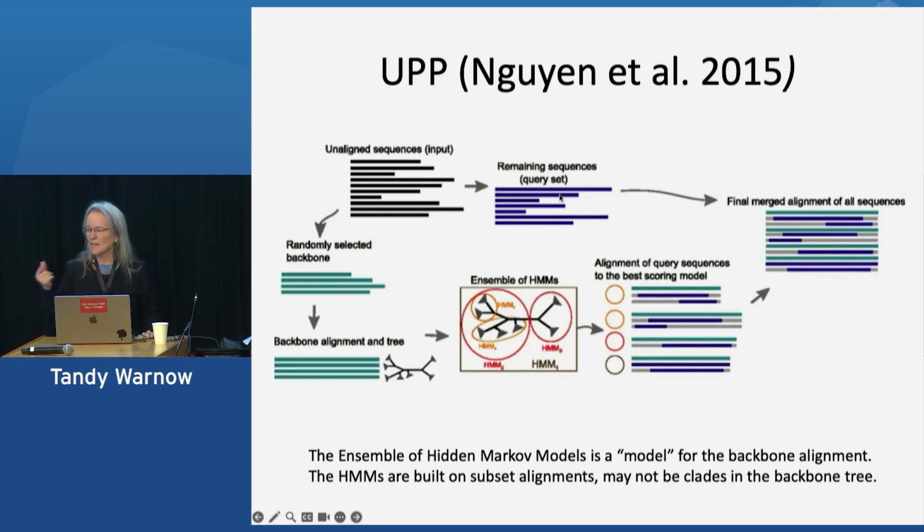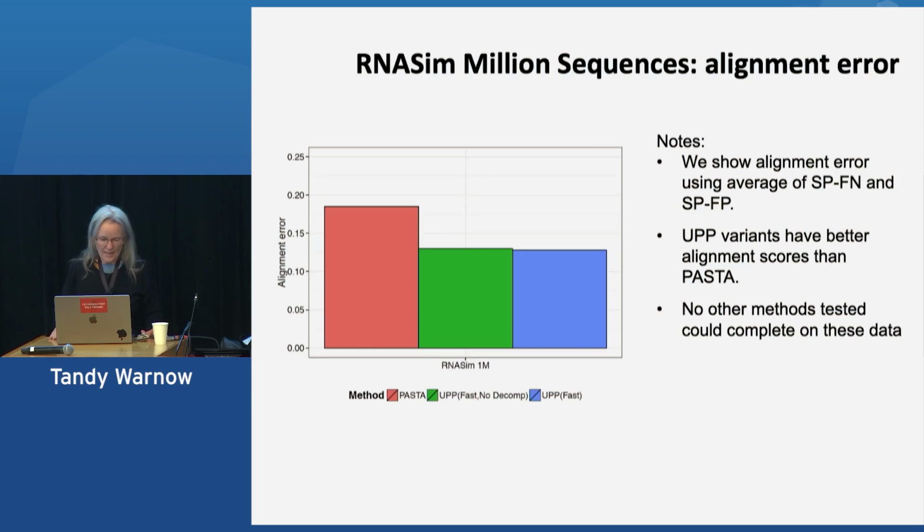So what do the remaining sequences do? They each pick one of the HMMs according to the bit score. And then they are added into that subset alignment. And by transitivity, you can say how they get added to the full alignment. That's UP. Now, on 1 million sequences, it's better than pasta. So you get better alignments, and you can run it on 1 million sequences.